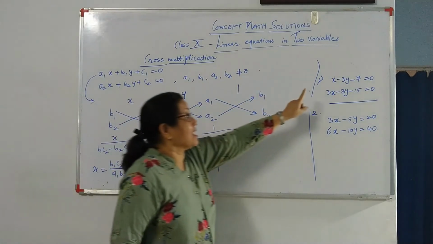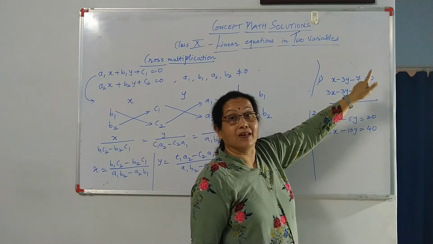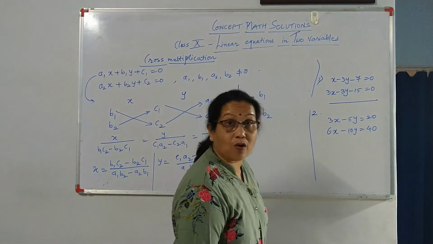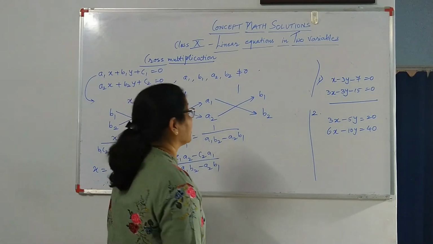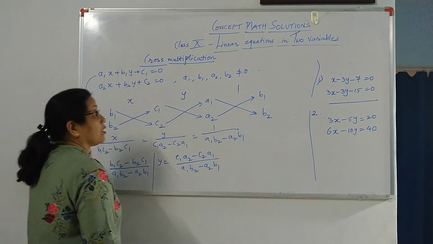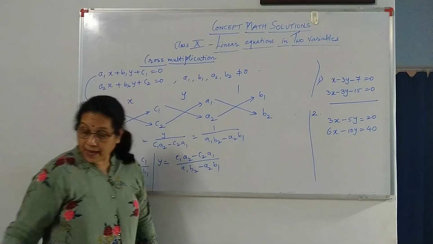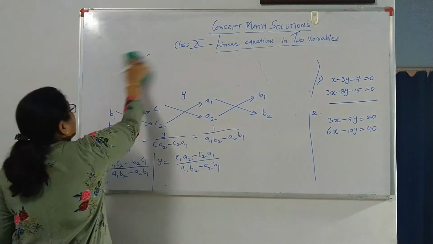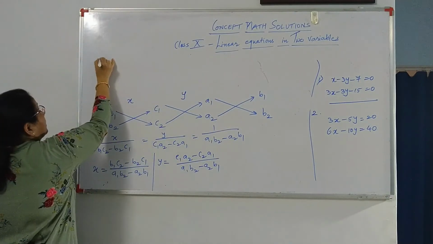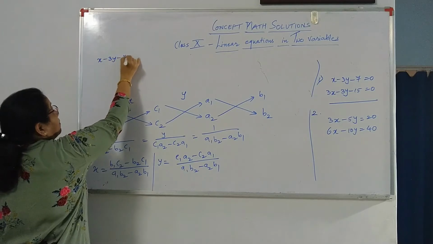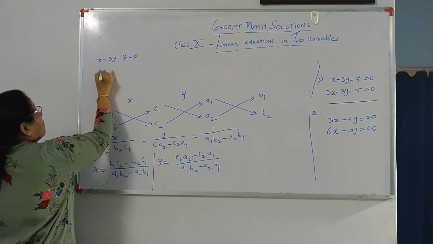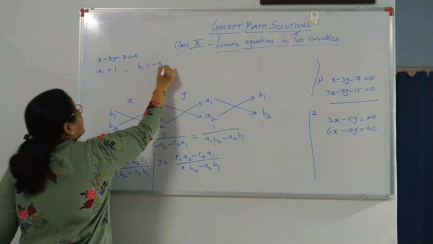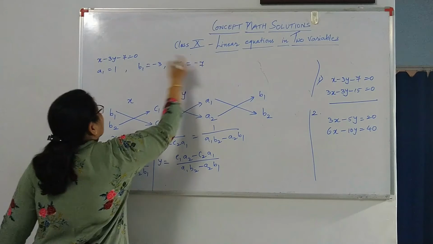If I take x minus 3y minus 7 equal to 0 and 3x minus 3y minus 15 equal to 0, I am going to solve both of them by method of cross multiplication. So you understand what is the value of a1 there. I am taking the equation x minus 3y minus 7 equal to 0. So a1 is 1, b1 is minus 3, c1 is minus 7.